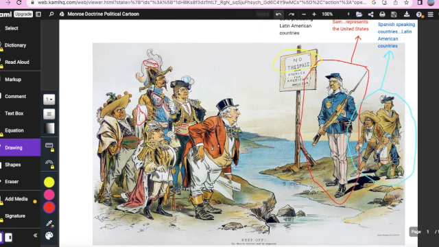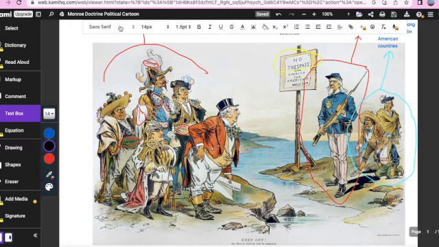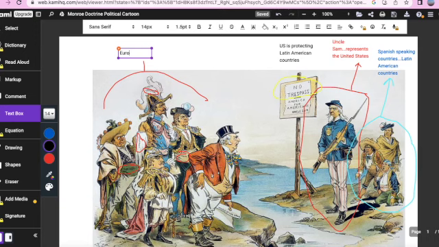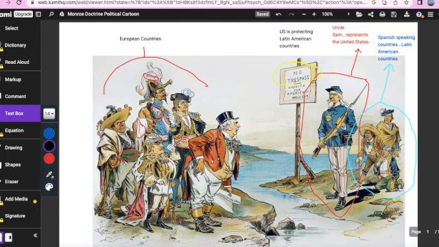I'm not sure who this represents exactly, but we know if it is along the lines of Germany, Portugal, Spain, all of these people here, they represent European countries. Simple as that, right? It's just listing them off, so they must represent European countries, and they are dressed, again, with stereotypes as well. So these people are European countries.